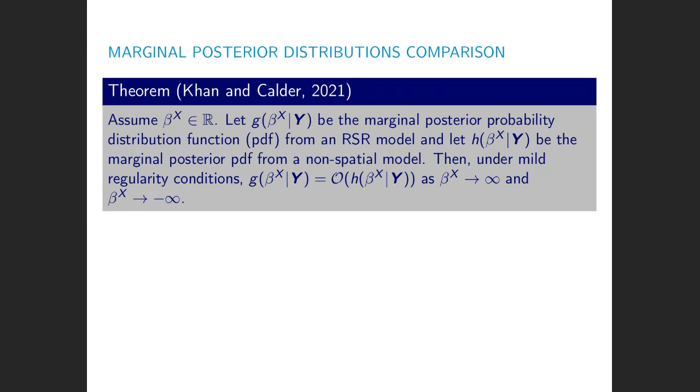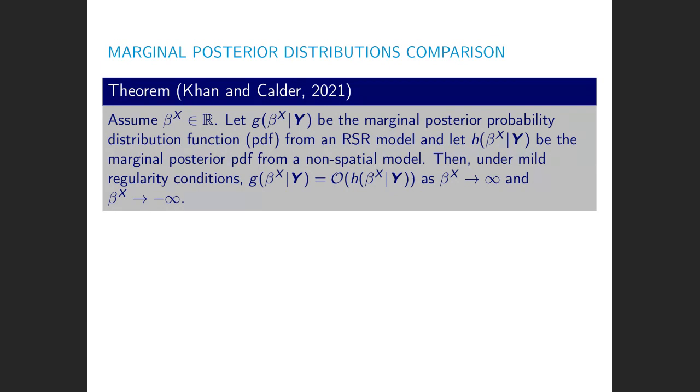In particular, comparing the marginal posterior distribution of the regression coefficients from an RSR model to the marginal posterior under the non-spatial model, we showed that for very large and very small values of beta x, the marginal posterior distributions in an RSR model are essentially the same as in a non-spatial model.